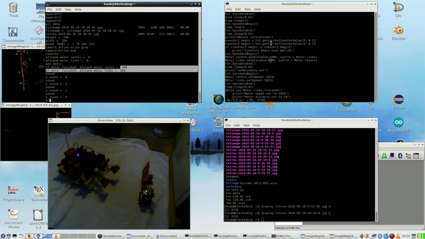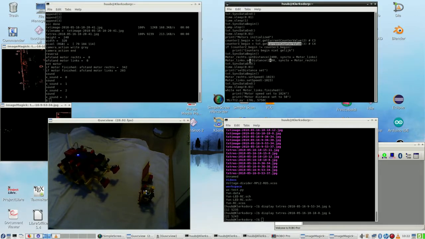At least if counter value is coupled to set distance, because that's another one. That's a serious question if that is the case. It should be, because how else would you measure the distance?